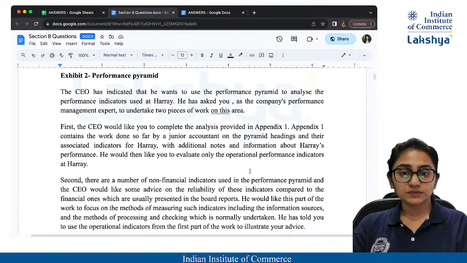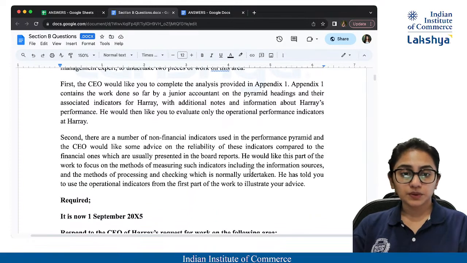Exhibit 2, performance pyramid. The CEO has indicated that he wants to use the performance pyramid to analyze the performance indicators used at Harry. He has asked you, as the company's performance management expert, to undertake 2 pieces of work on this area. First, the CEO would like you to complete the analysis provided in Appendix 1.